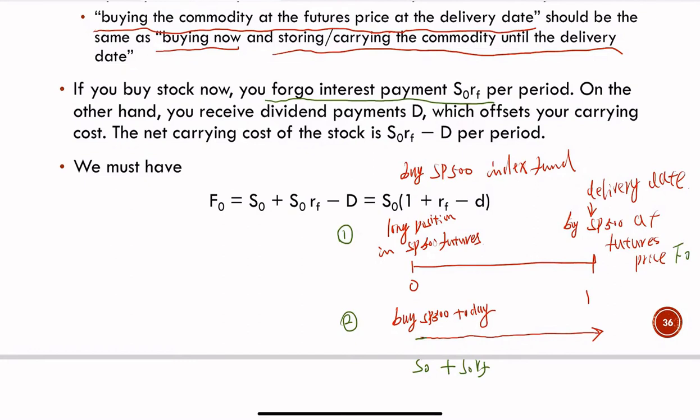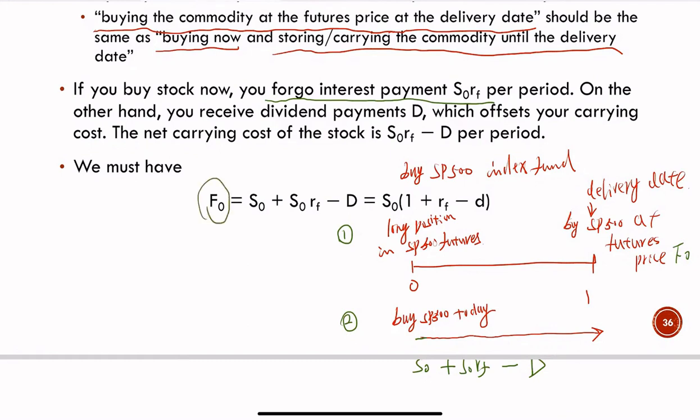It's a benefit, so the cost will be reduced by D. These two methods of obtaining your SP 500 should cost the same.